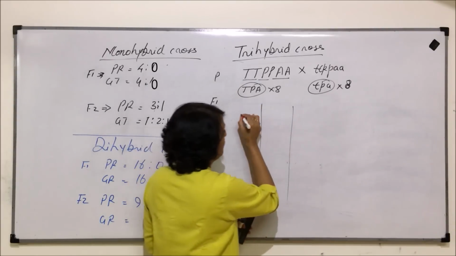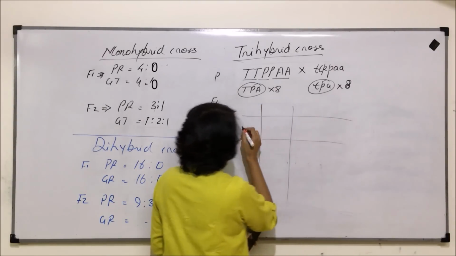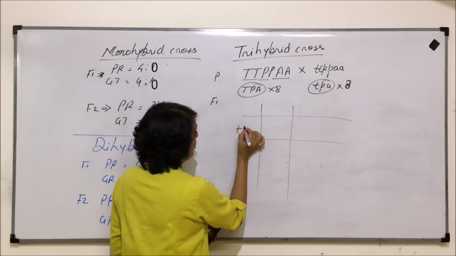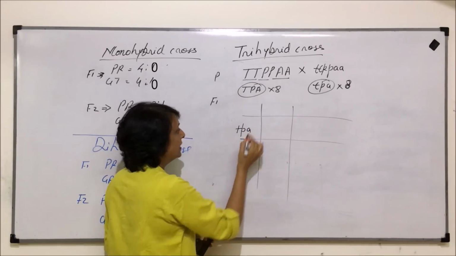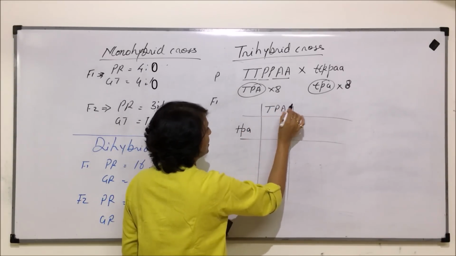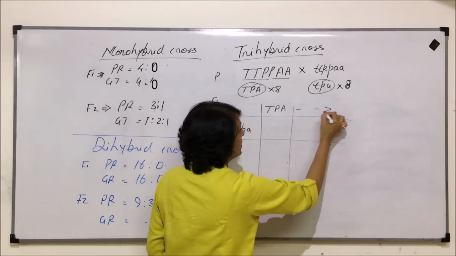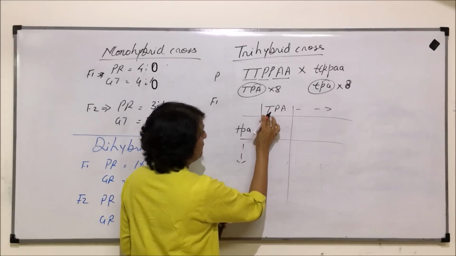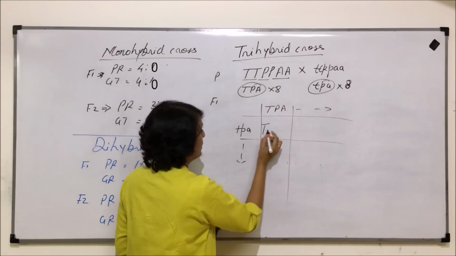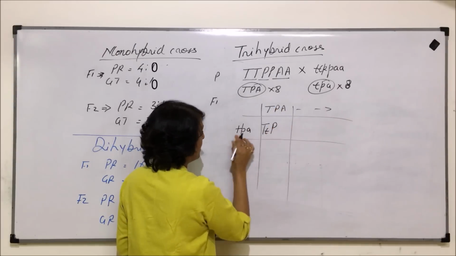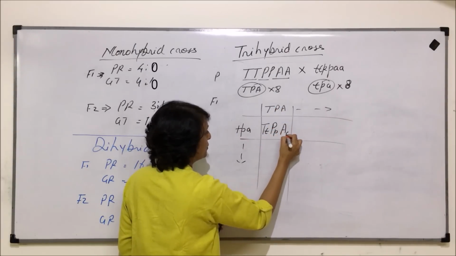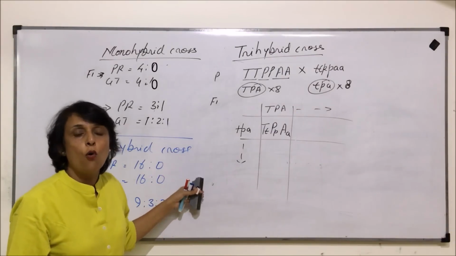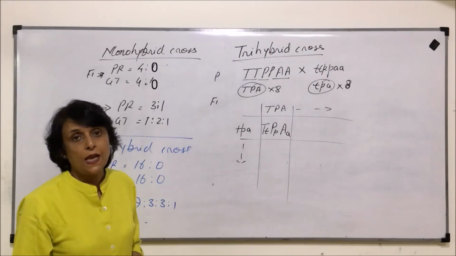Now, if we plot Punnett square, and again, in F1 we don't have to plot the complete Punnett square. If we write lowercase t, p and a here and all gametes here, they are going to be all same on this side and all same on this side. So offsprings will be one dominant allele and one recessive, one dominant for color, one recessive, one dominant for position and one recessive. That means all 64 are going to be of the same type.